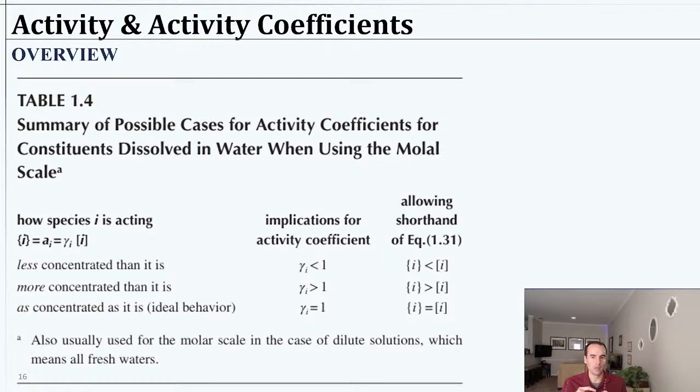So the activity is greater than 1, or the activity coefficient is greater than 1. I think that's pretty rare. I don't hear about that very often. And then if it's ideal behavior in a dilute condition, it's right here. So I'm just going to say we are often going to assume that. We're going to get equipped to calculate the activity coefficients so we know that we can do that, but we often don't need to.